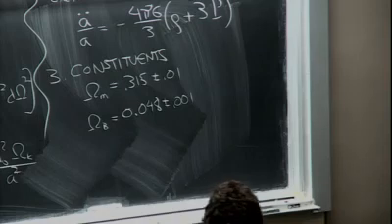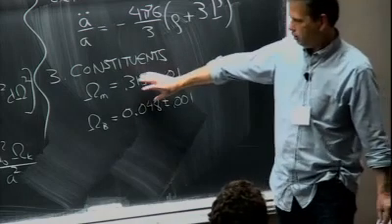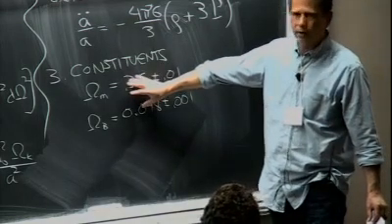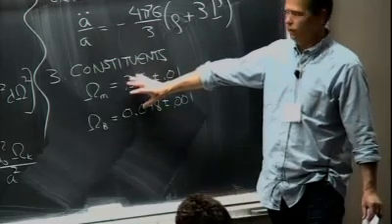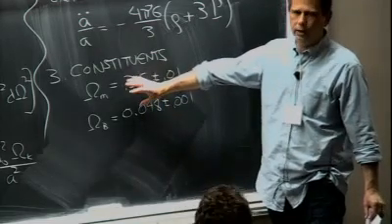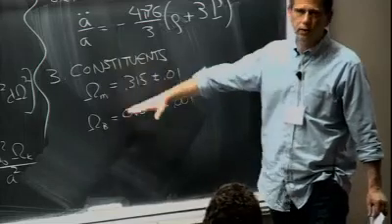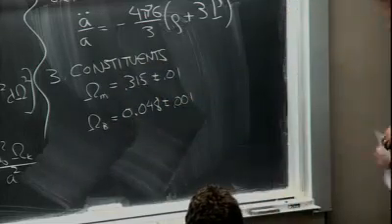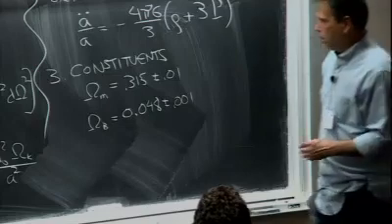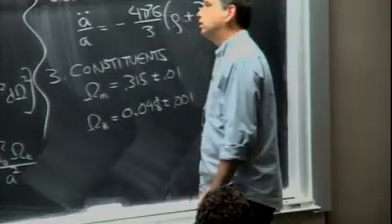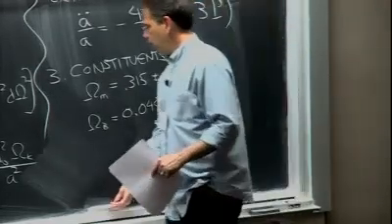These constraints come predominantly from the microwave background, and they're the strongest argument for the existence of a non-baryonic dark matter, right? Because the baryon density is a factor of 6 or 7 lower than the total matter density. I screwed this up again. Okay, so that's that.